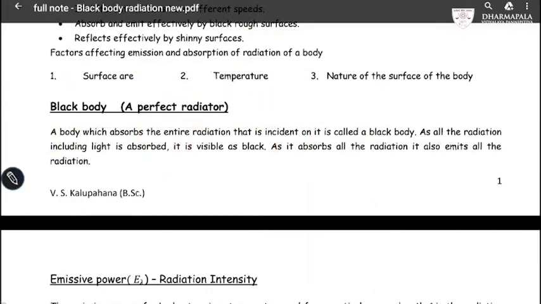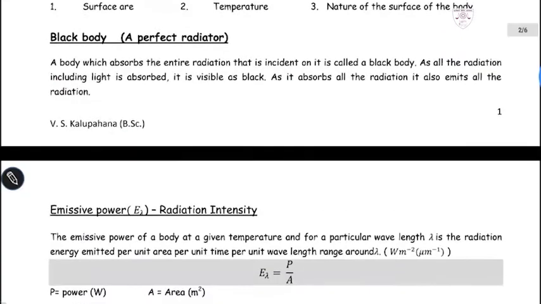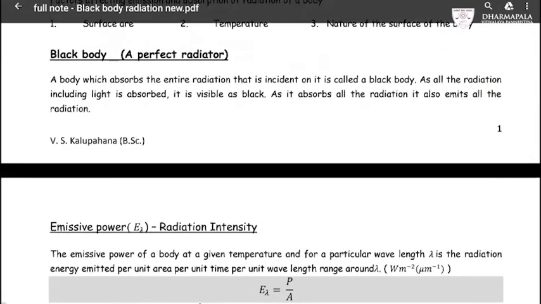Then the next topic that we are going to discuss here is black bodies. A black body is a perfect radiator. If it is a perfect radiator, then it should be able to absorb all the radiation incident on it. Now, if you take this object as a black body, then it should be able to absorb all the radiation incident on it without reflecting any of it.